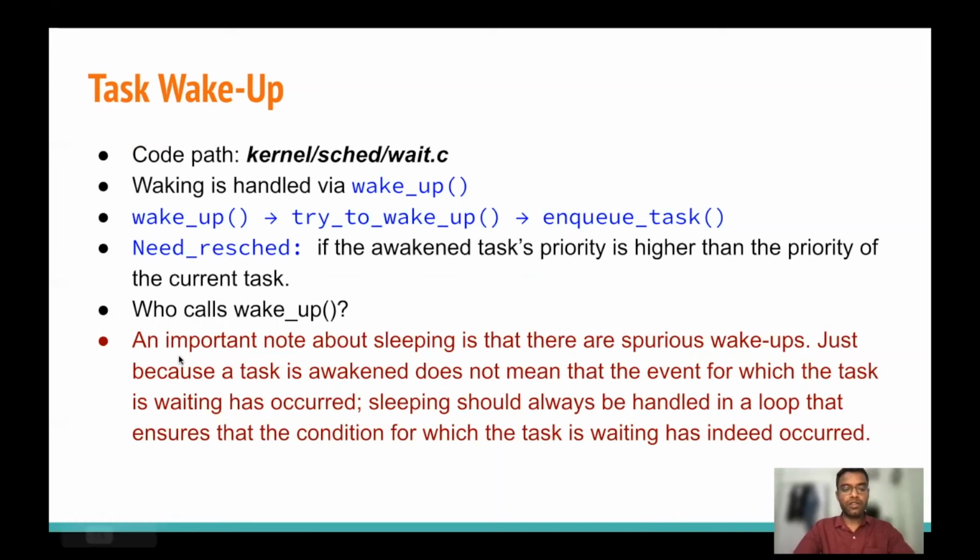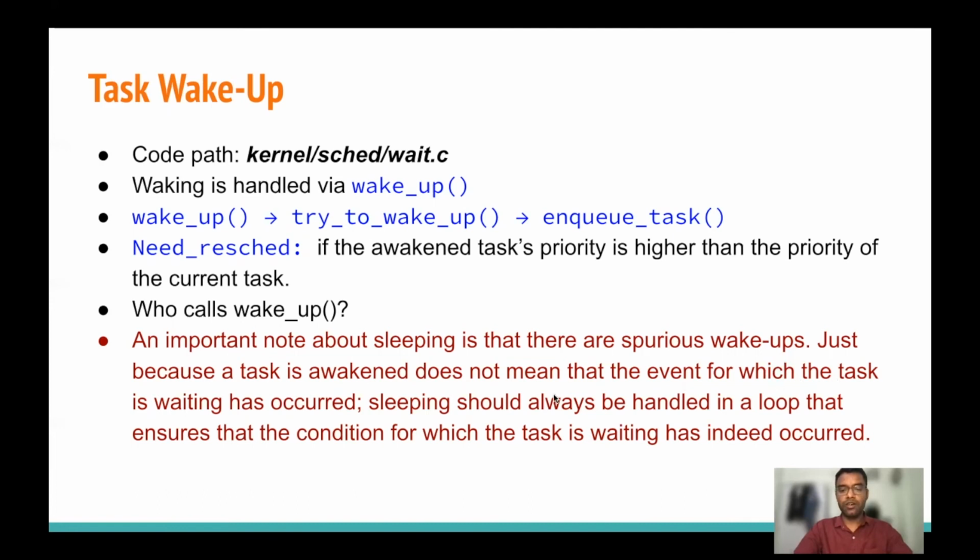When a process is sleeping or in the wait queue, there can be a signal to wake up the process to do some task. We call that wake up a spurious wake up, because the process is not woken up for the event for which it was waiting.